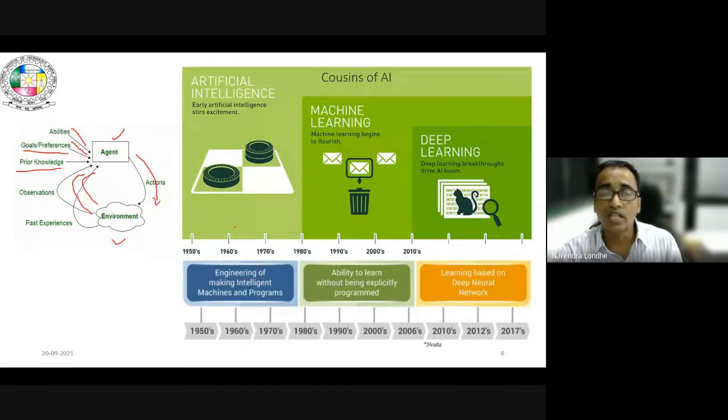That was an era from 1950 to 1980. But after that, machine learning came into the picture, which gave further enhancement to artificial intelligence by making the machine learn for developing intelligence. That is where it started in the 1980s, and it is still going on.